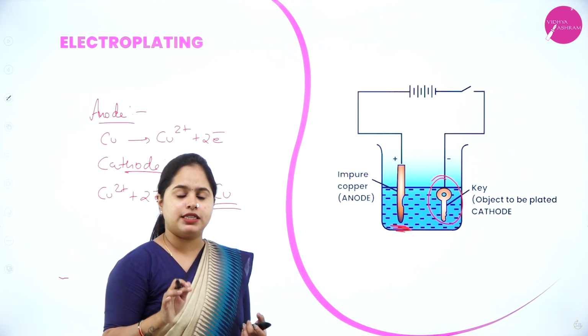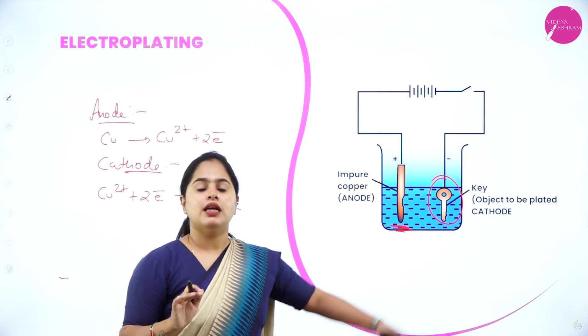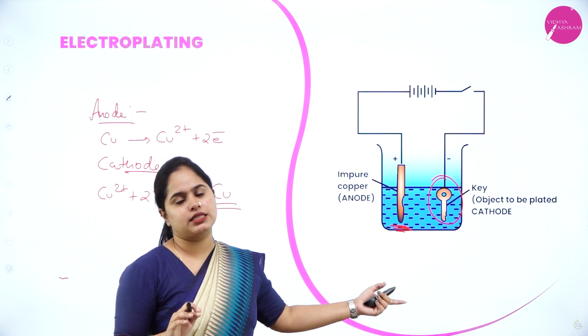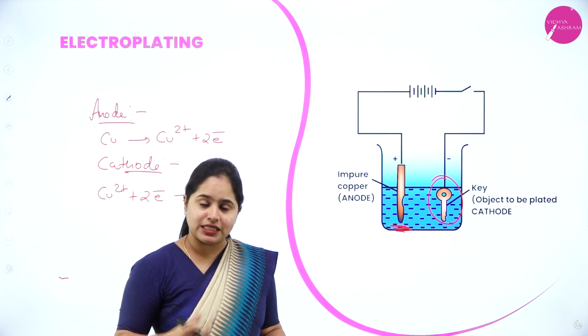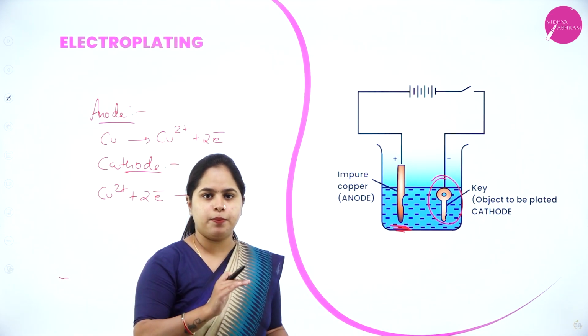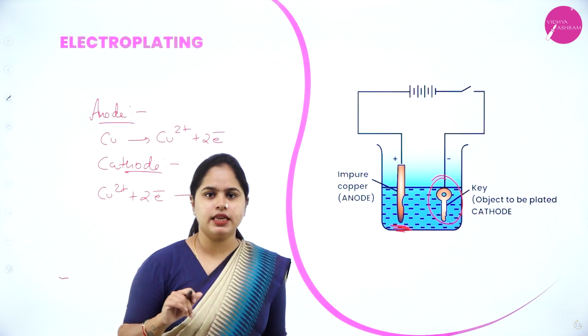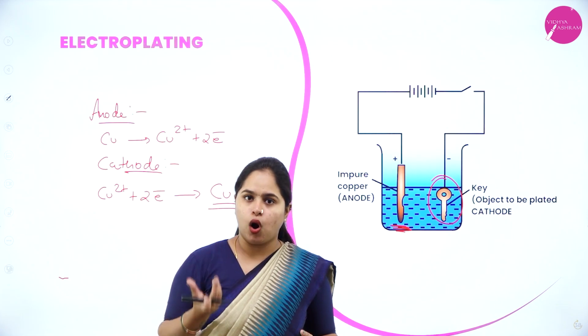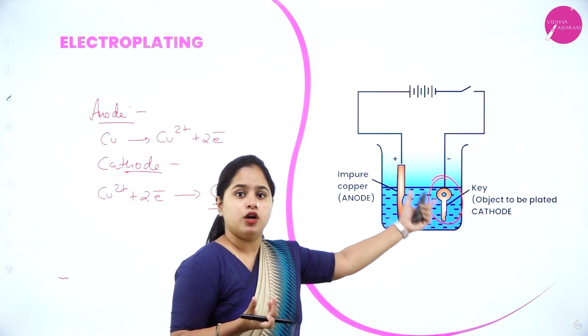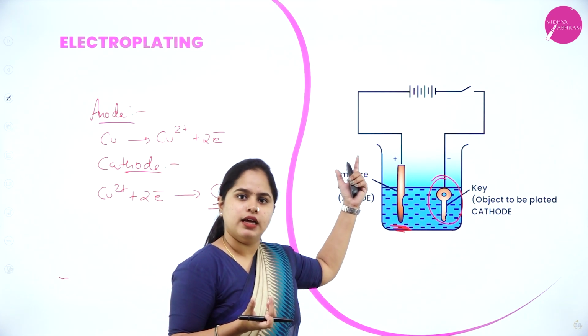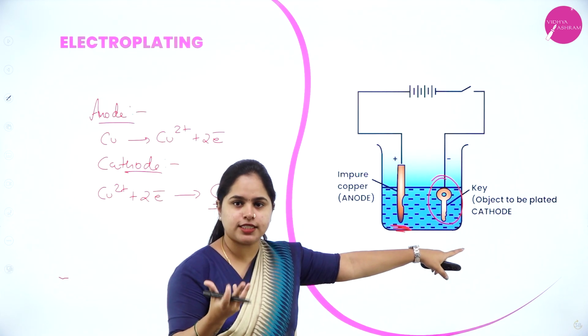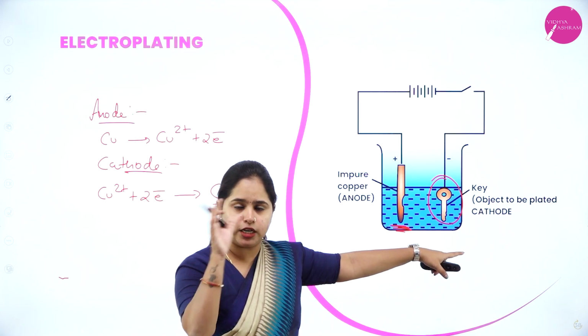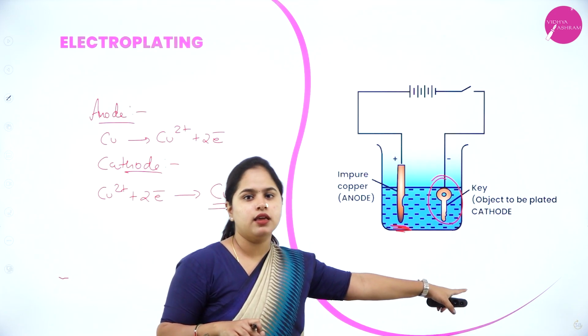Any other metal on which you have to deposit must always be taken as the cathode, and the metal which you have to deposit has to be taken as the anode. If I want to deposit copper on the key here, copper must be taken as the anode, and the object I want to electroplate must be taken as the cathode.